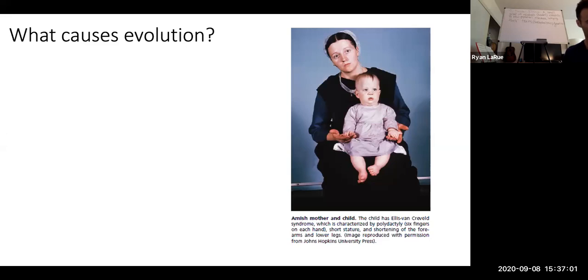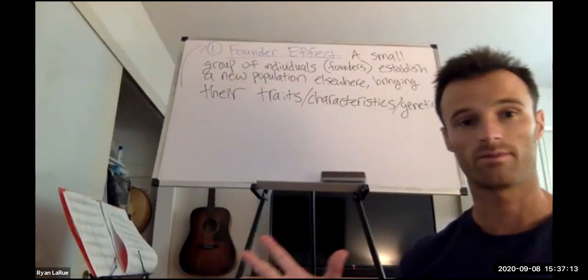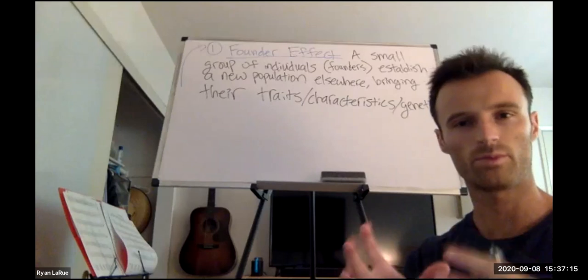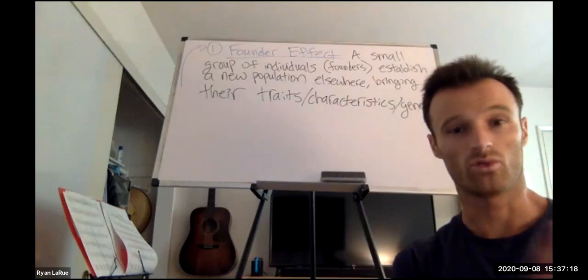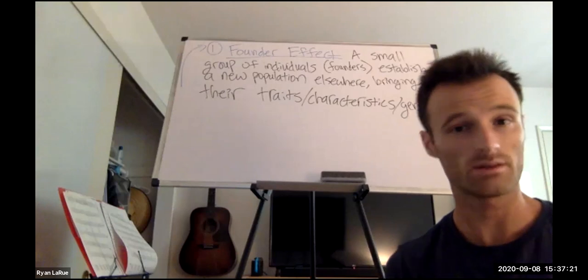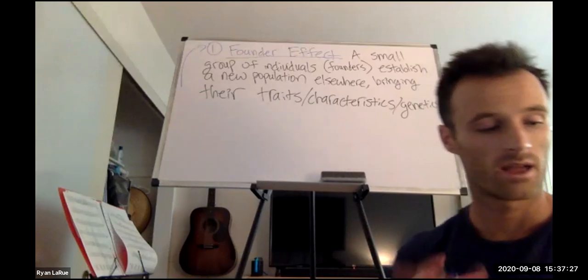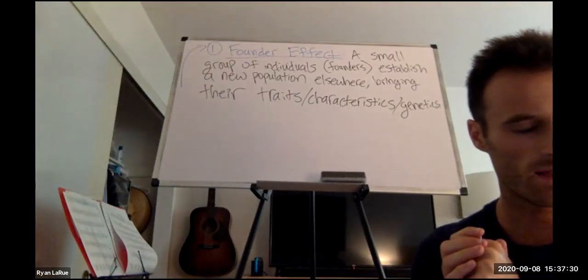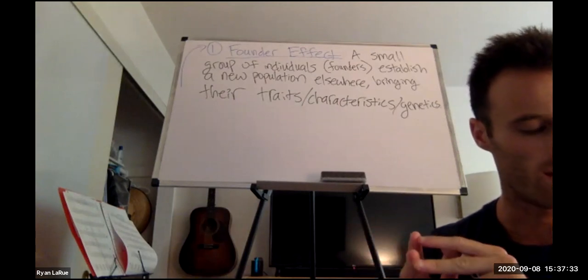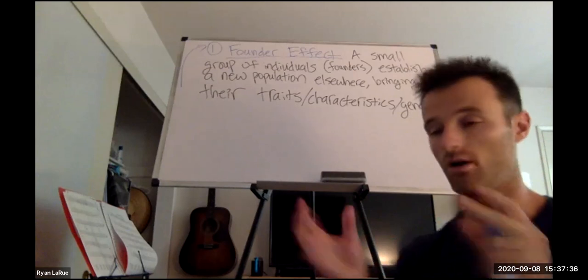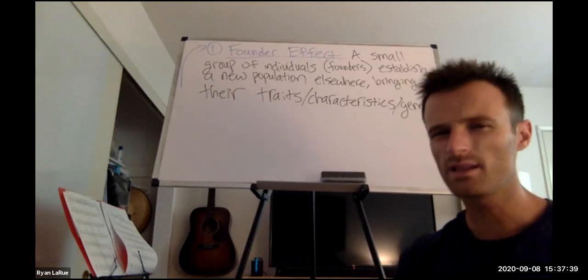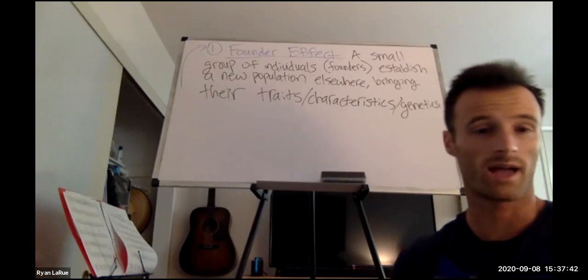And so what happens with the founder effect is when you have an original population of people and a small group of them decide to establish a new settlement somewhere else, a new population, they bring their traits with them. And the genetic makeup of these people does not really represent the entire population.